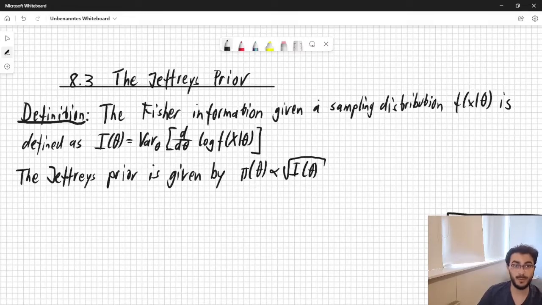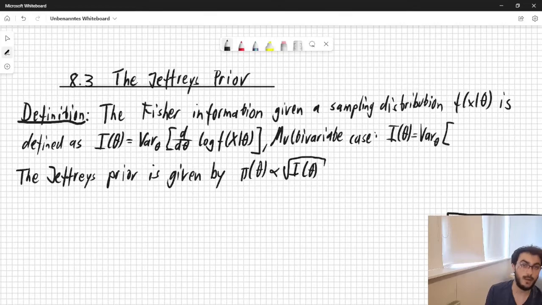We can define both of these for the multivariate case, where for the Fisher information, instead of the derivative, we take the Jacobian. And for the Jeffrey prior, instead of the square root of the Fisher information, we take the square root of the determinant of the Fisher matrix in this case.